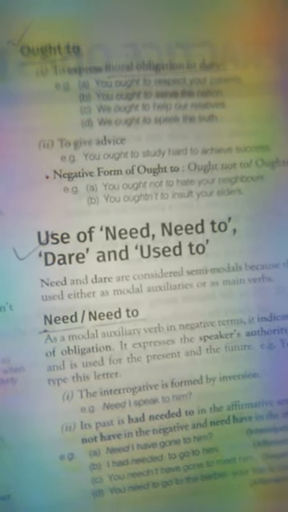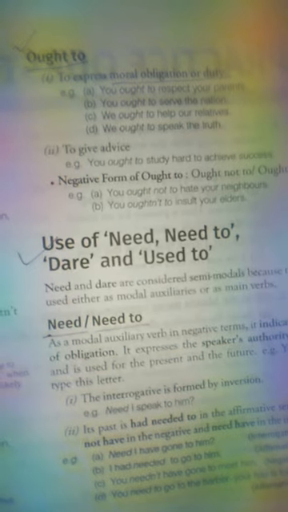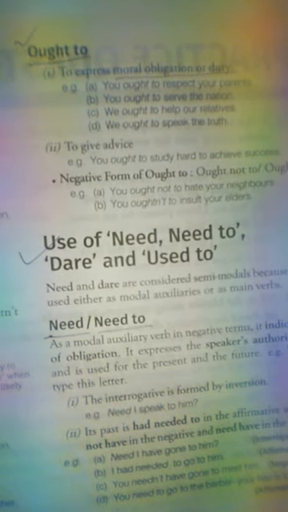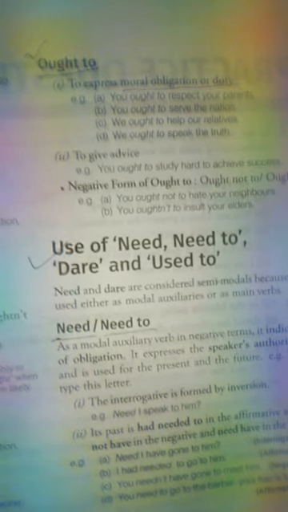Ought to possesses the same expression. You ought to respect your parents, same as we must respect our parents, and you must respect your parents as well. You ought to serve the nation, you must serve the nation, all in all. So must and ought to either can be used as well. Now it's all about need to, dare and used to.